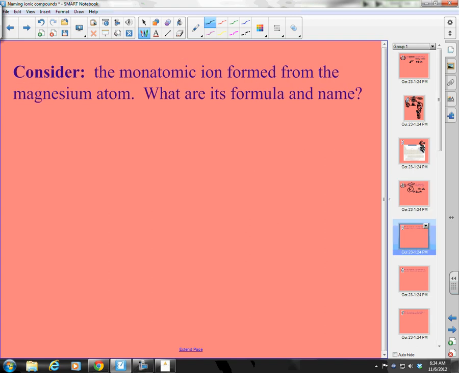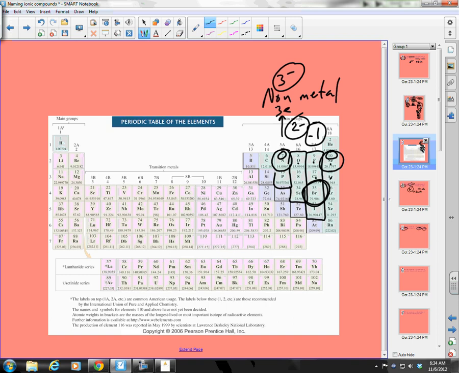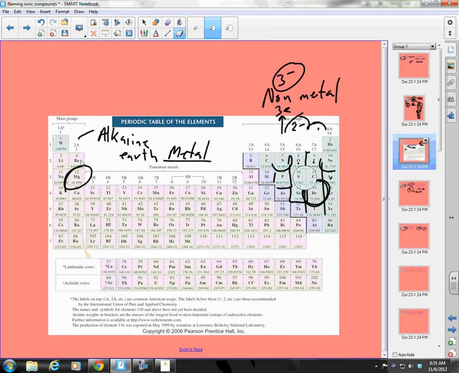Going further. The monatomic ion formed from magnesium. Okay, and we want to know the formula and the name. We go to the periodic table. Where is magnesium? It's in group 2. What do we call that? We call that an alkaline earth metal. It's a metal. So that means it's going to form a cation, meaning it wants to lose electrons to gain a noble gas electron configuration.